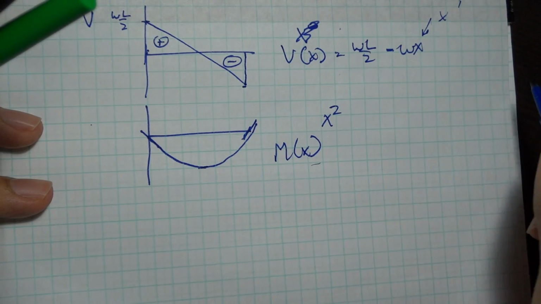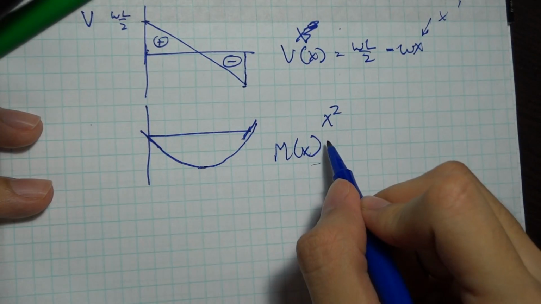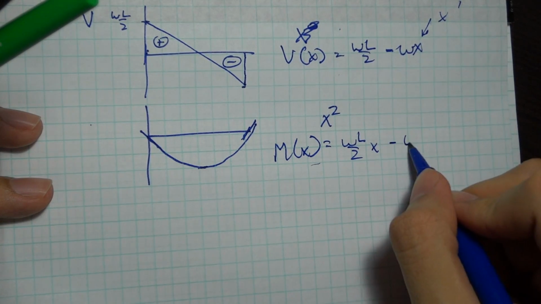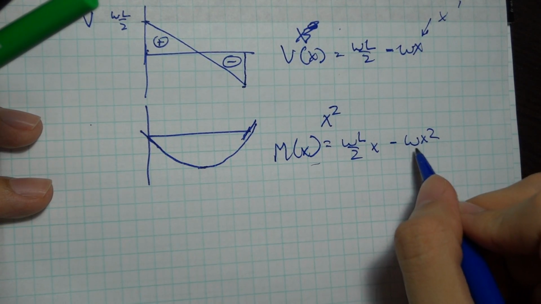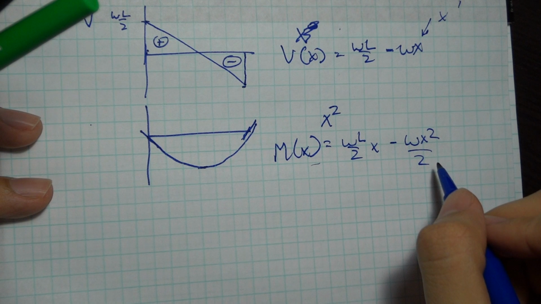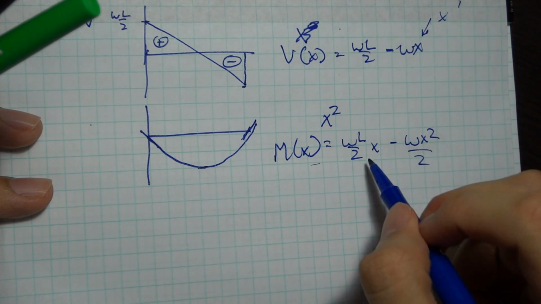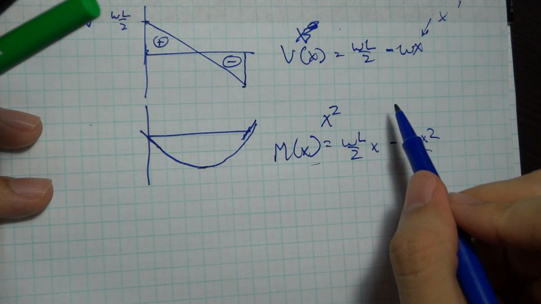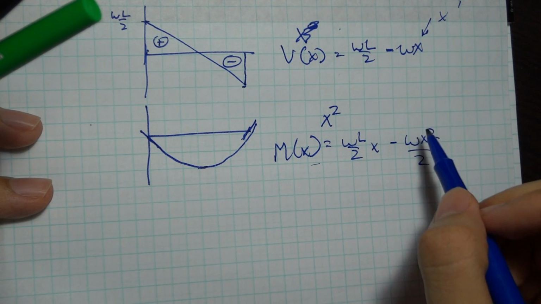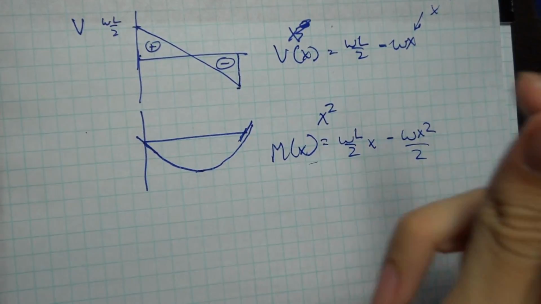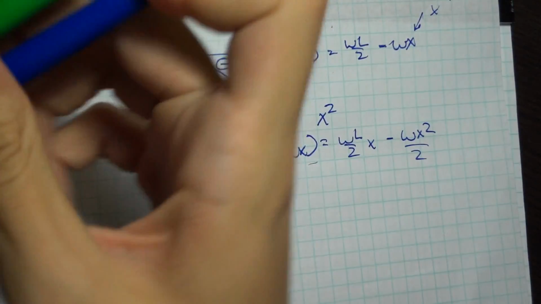Your m of x is equal to, I believe, and if you take the derivative of this, you get WL over 2 minus WX, and you have your moment is 0 at the beginning. So that is fine.